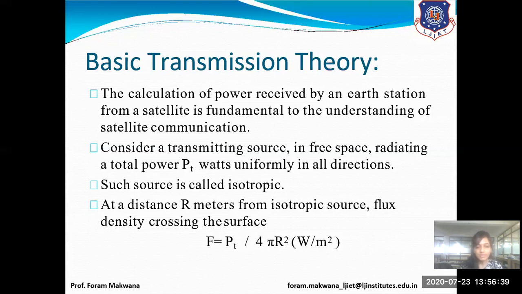So before starting this, we are first focusing on the basic transmission theory, right?